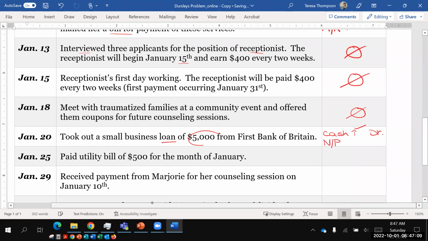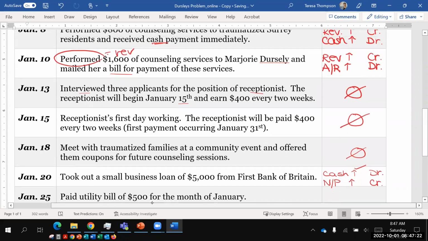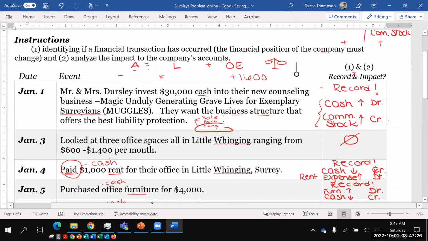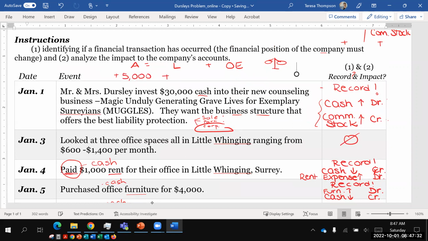Whenever you see loan, go ahead and use note payable, because all loans have to be documented with what's called a promissory note, where both parties agree to the stipulations of the contract. All right, so what's happening here is you have assets going up, cash specifically, and liabilities going up. Okay, same value on both sides.